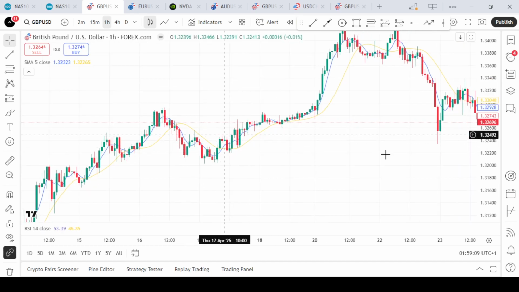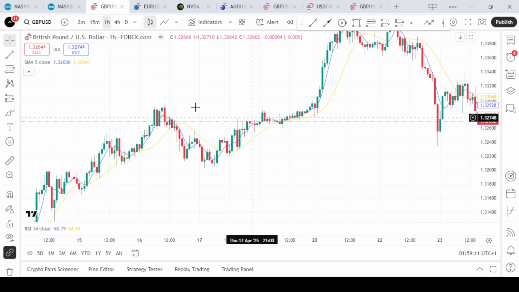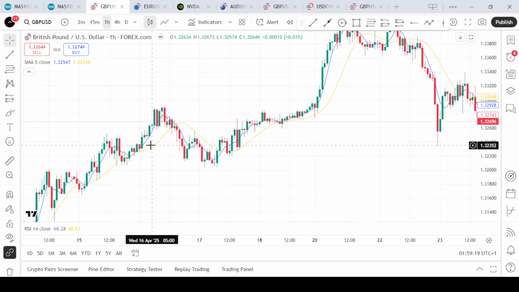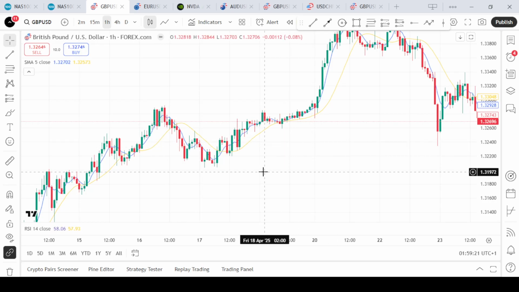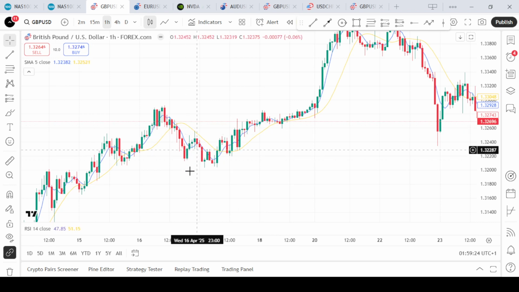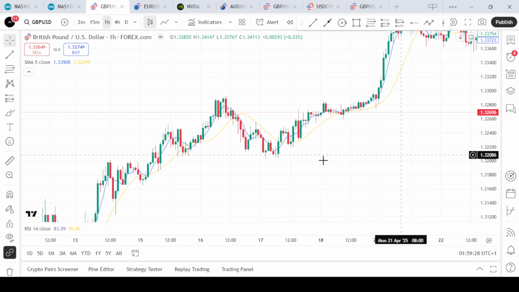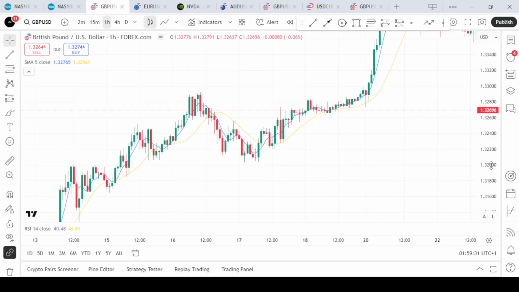If you are trying to capture short moves, or you are trying to scalp or take a short-term trade, you can make use of your 5 period simple moving average because this is more sensitive to recent price movement and is used for short-term trading strategies, while your longer-term periods, such as your 50 period or your 200 period simple moving average, provide a broader view of the market trend, and they are often used for long-term analysis.